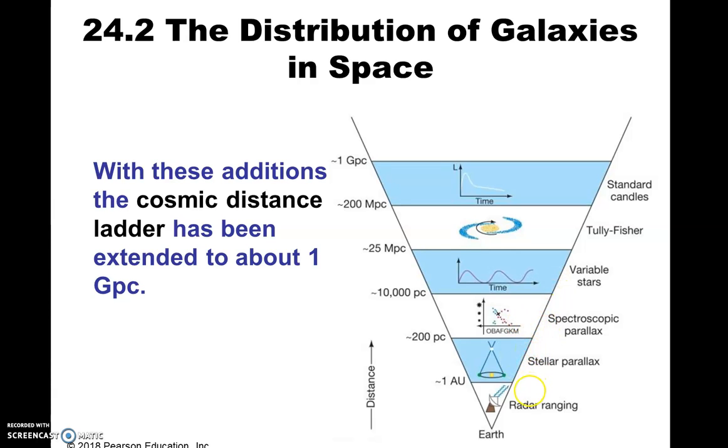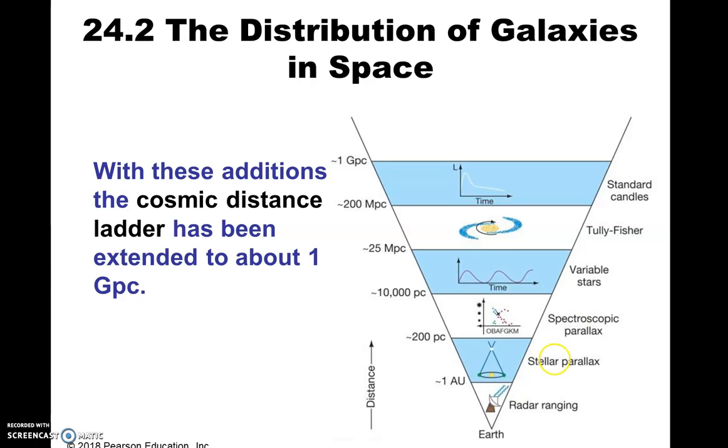Because you have to be able to use stellar parallax to verify the next rung in the ladder, which is spectroscopic parallax. There's got to be some stars that are close enough that you can actually measure using stellar parallax, and then of course with those you can always use spectroscopic parallax.